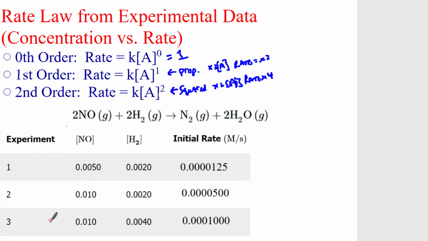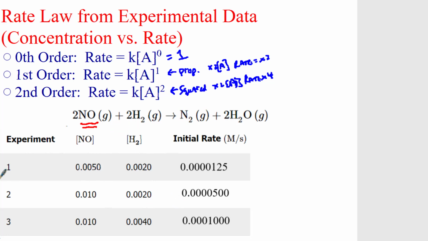And so we can figure out the rate law by the experimental data. So first let's take a look at, we're just going to zero in on the nitrogen monoxide, the NO. How are we going to figure out the nitrogen monoxide? Well, we want to take 2 experiments where the hydrogen gas is not doing anything. If you can see, this is only the reactants, because the reactants indicate how fast your reaction is going to occur.